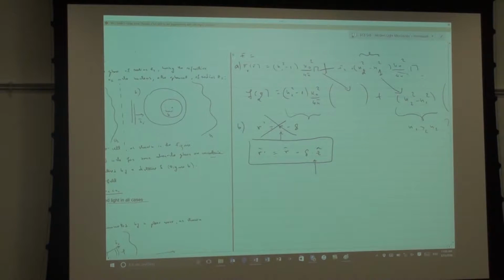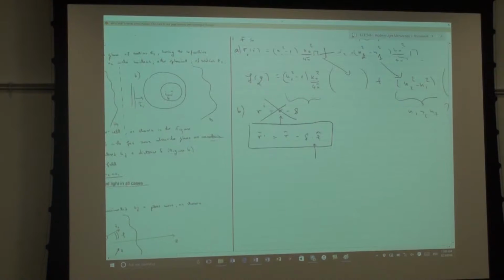So basically, we input this new r prime into your scattering potential of R2, right? So R1 is the same, except F2 now is N2 squared minus N1 squared. But now this is the magnitude of R minus delta times Z, squared.